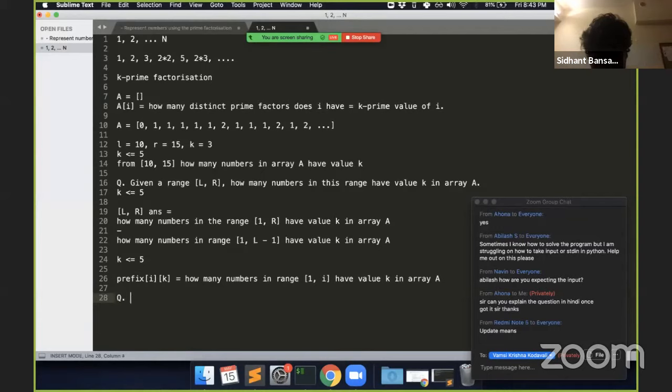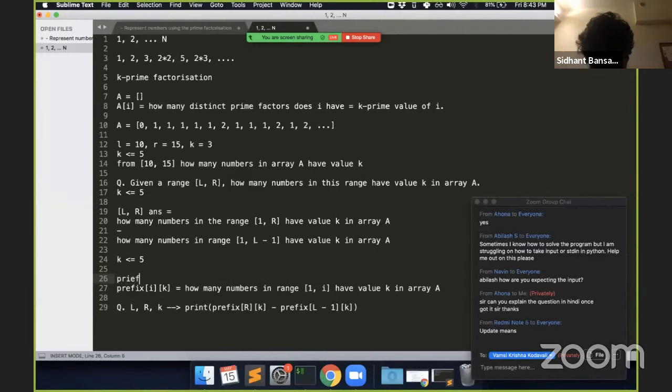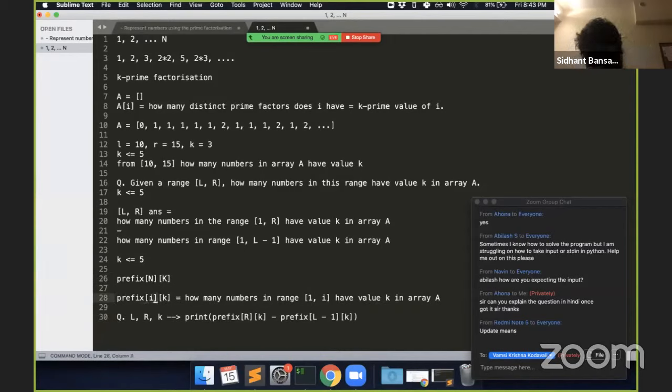If the query L, R, k comes, you can simply print prefix[R][k] minus prefix[L-1][k]. Given a 2D prefix array defined like this, your answer is pretty simple.